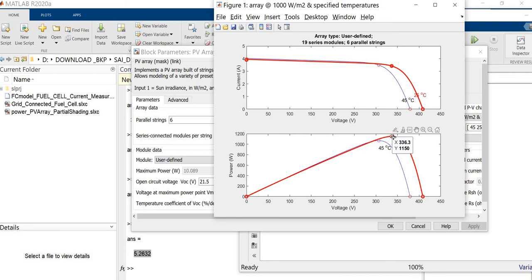Our aim is 1 kilowatt, but here we have designed for 1.15 kilowatt, which is no problem. So the voltage is 336.3 and the current is 3.42 amps.